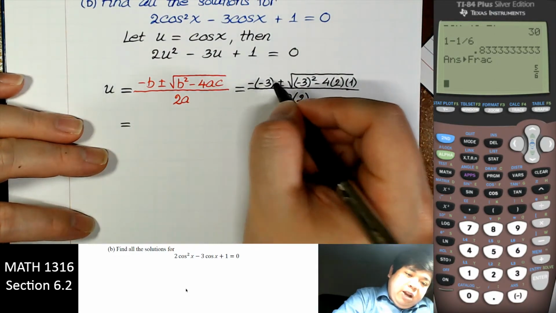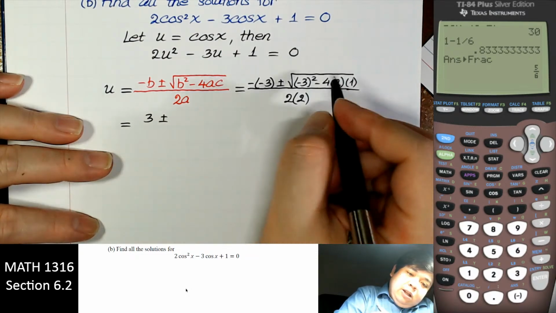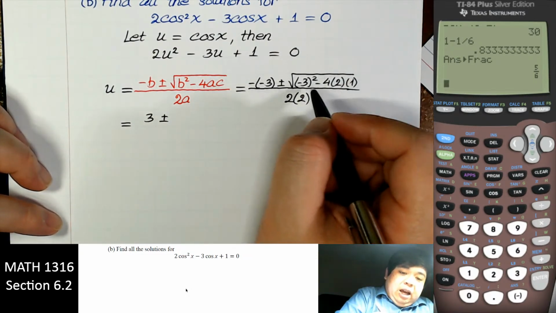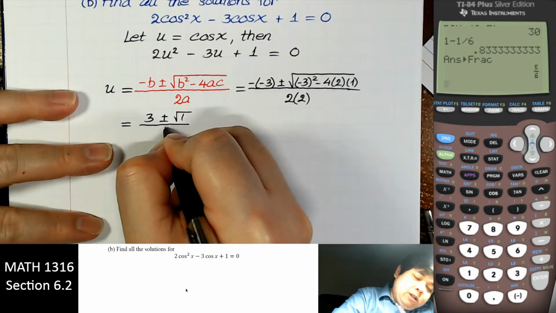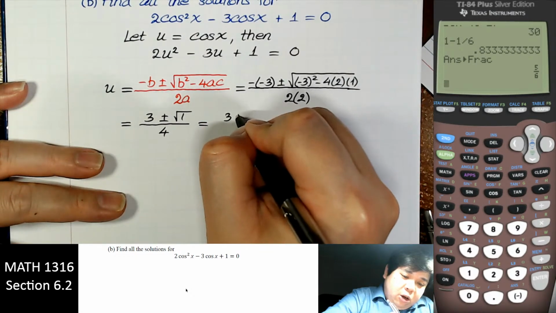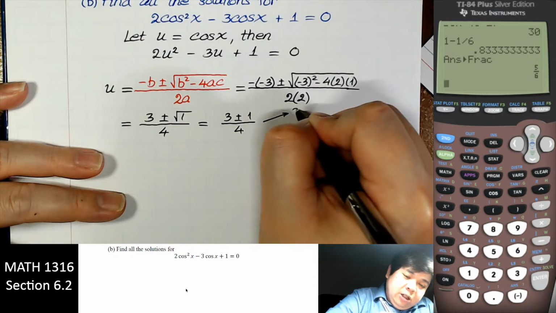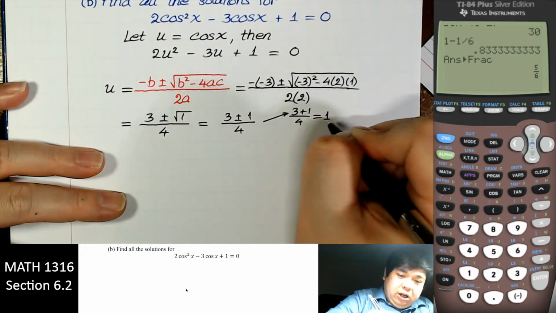Right, negative negative 3, so that's 3, and 3 squared is 9 minus 8, 9 minus 8 is 1. So we have 3 plus or minus 1 over 4. 3 plus 1 over 4 is 1.